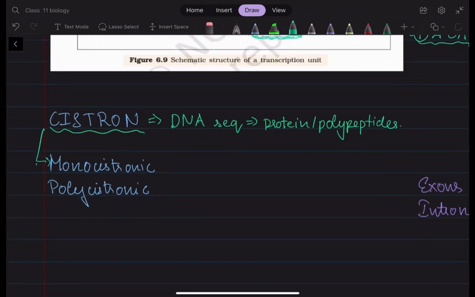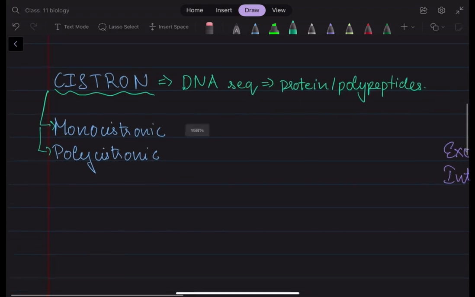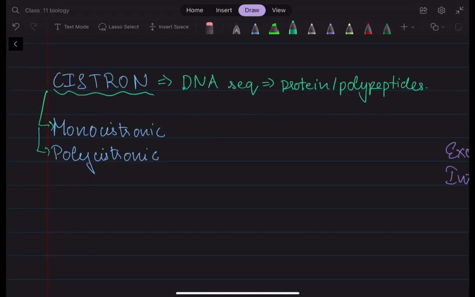In this, we have two divisions, okay? Monocistronic and polycistronic. Monocistronic means this particular cistron codes for only one polypeptide, whereas polycistronic means that particular DNA sequence codes for many polypeptides.